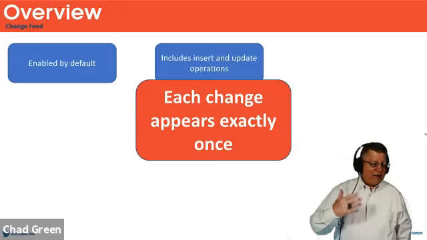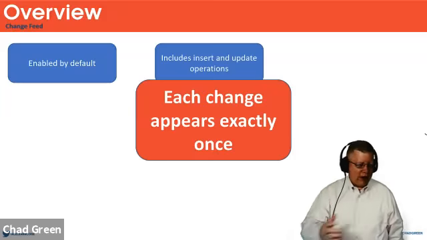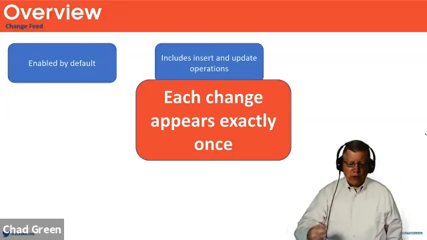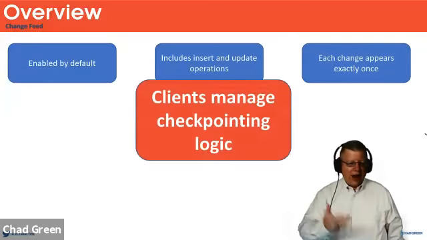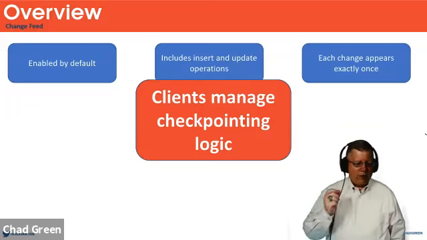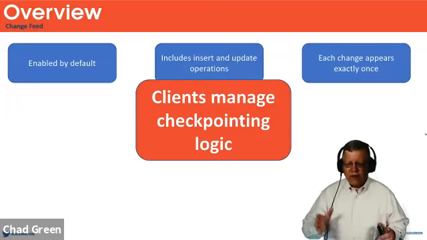All right. Next thing. Each change appears exactly once, so you don't have to worry about scanning through, did I already get this? You're only going to get it once when you read it, and that's really nice to know. Next, this might sound like a limitation, but your clients actually manage the checkpointing logic. Cosmos itself does not manage that.